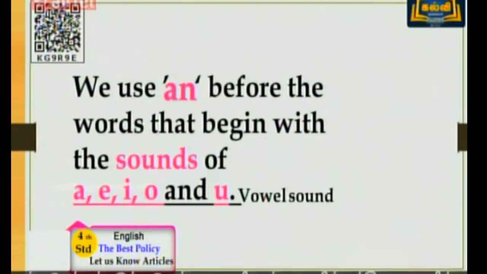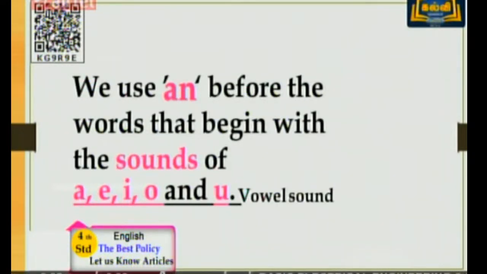What are these A, E, I, O and U? These letters are called vowel sounds. We are telling vowel sounds of A, E, I, O and U.